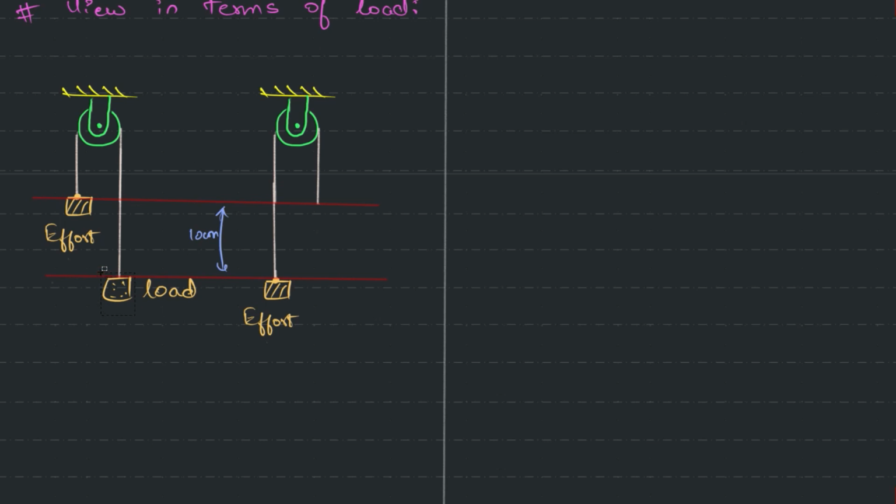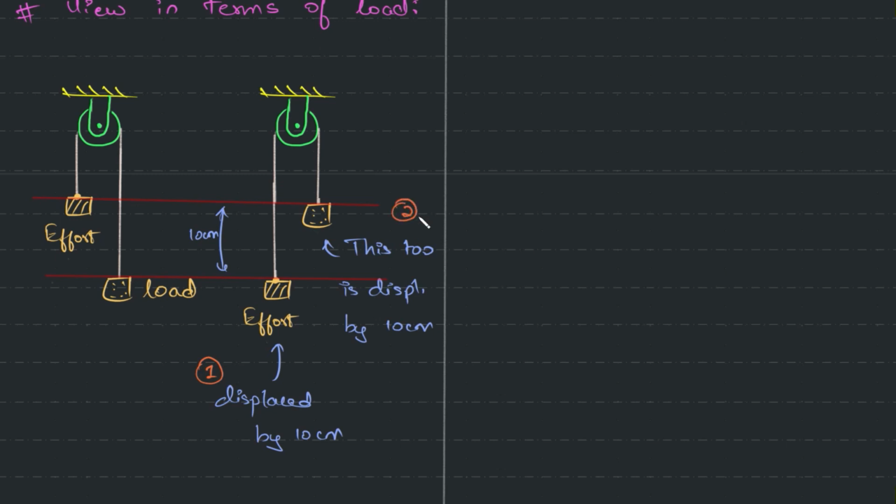The load will move up by 10 centimeter, as simple as that. Okay, so this is displaced by 10 centimeter, and this too is displaced by 10 centimeter. So this is 1 and this is 2.